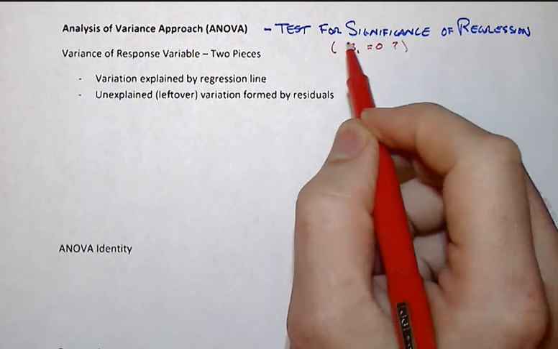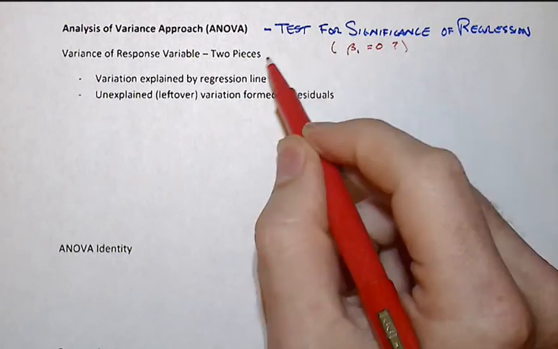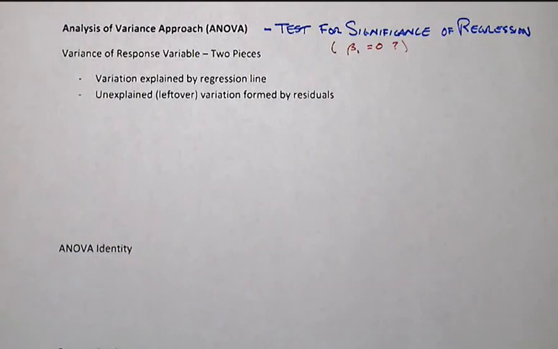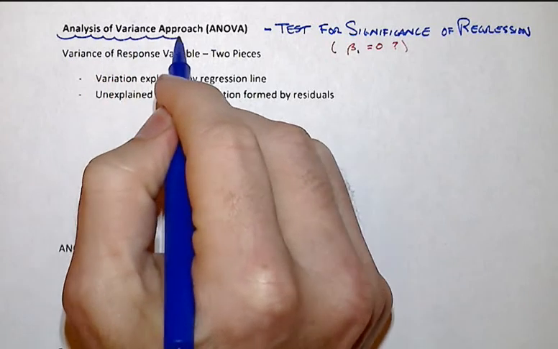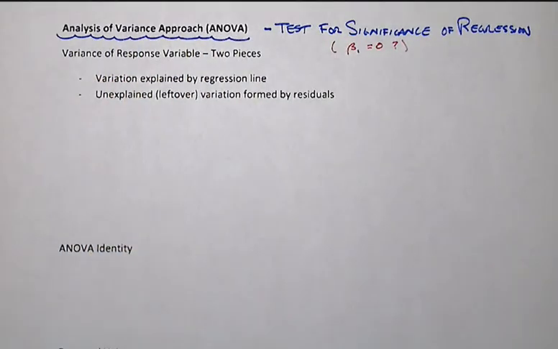Now, there's another way to do that, and that's with this analysis of variance approach, which is in some ways going to be a snapshot ahead of what we're going to do in the last 2 modules of the semester as an introduction, because you can do an entire course just on the analysis of variance alone.